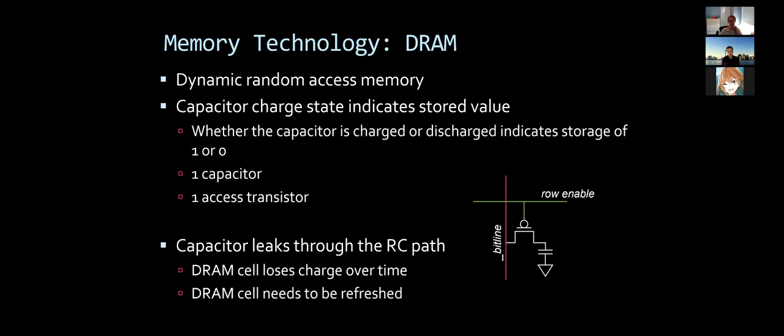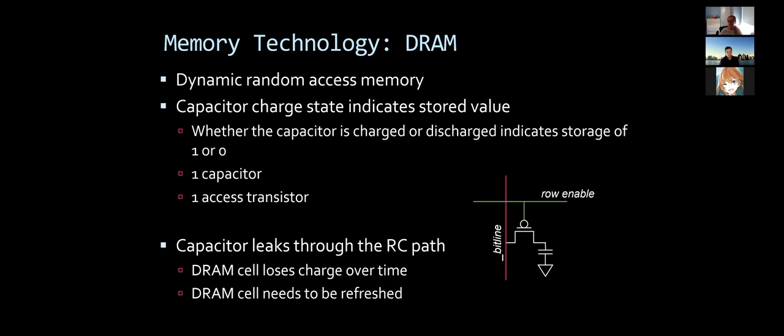So it has an RC path from which the charge gradually leaks. If I don't somehow supply charge back periodically to DRAM, it's going to all go to ground and everything will be zeros in your DRAM, right? This is why DRAM goes through a periodic operation called refresh, where you supply the charge, right?